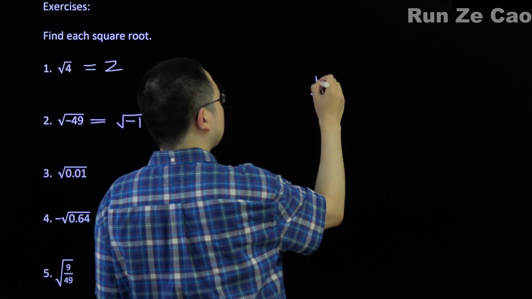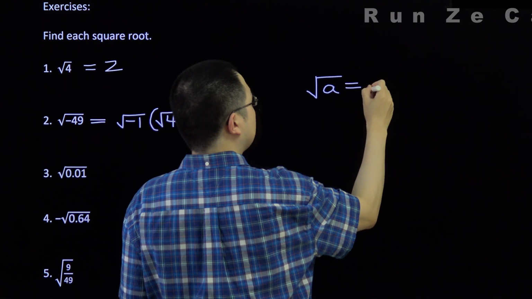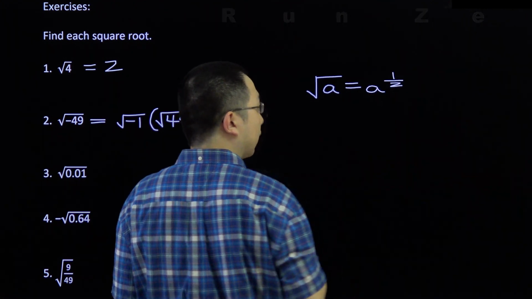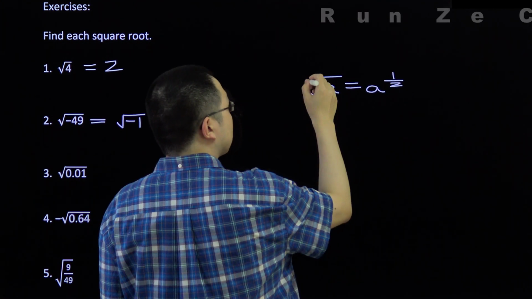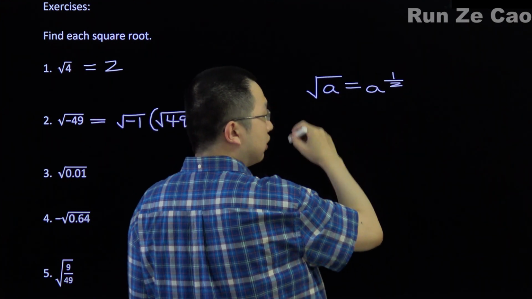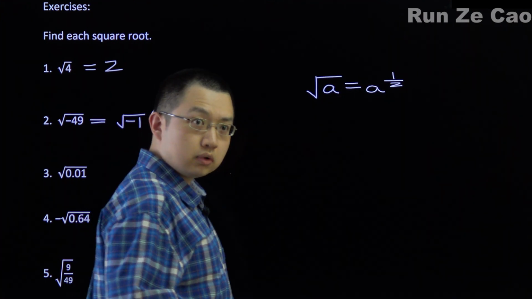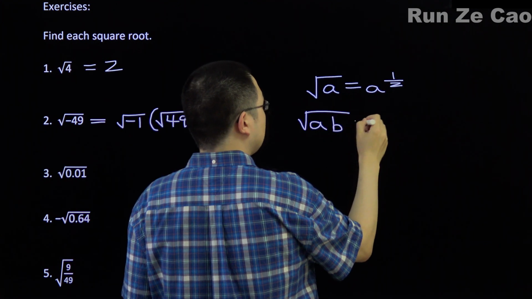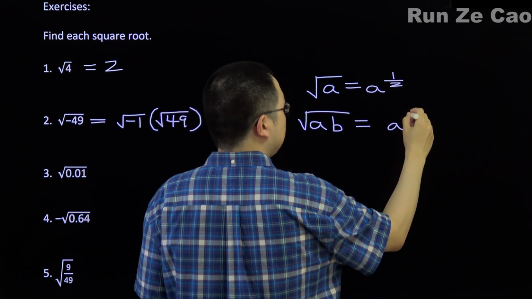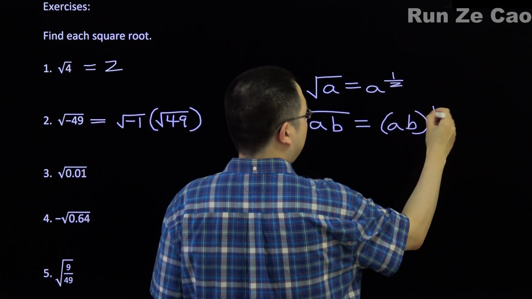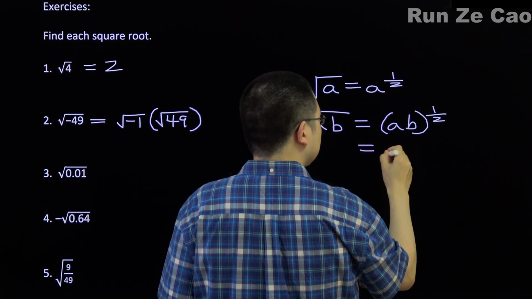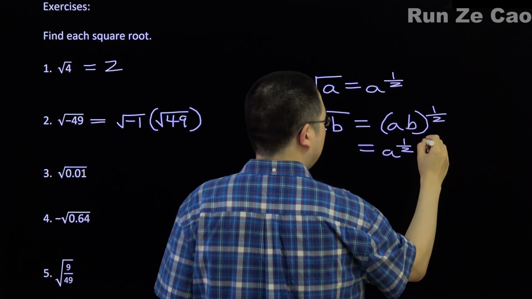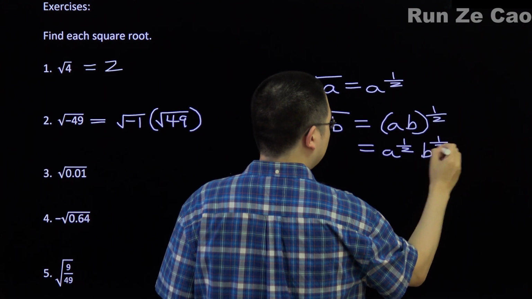Because the square root of a is equal to a to the 1/2 power, because the square root squared is equal to the original value. Therefore, the square root of AB is equal to AB to the 1/2 power, which is equal to A to the 1/2 power times B to the 1/2 power.